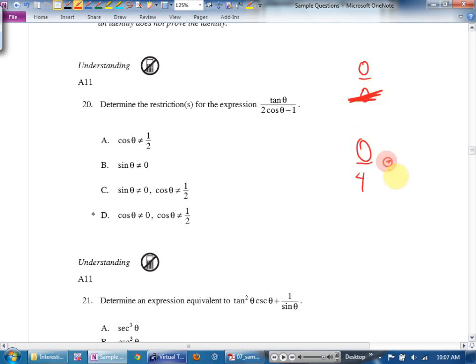So what you're really asking when they ask for restrictions is, what fractions might have a 0 on the bottom? Now, here's a fraction with the denominator. This whole thing can't work out to 0. What that really means is that cosine can't be 1/2. Because if it is a half, you'll have 2 times a half, which is 1 minus 1.